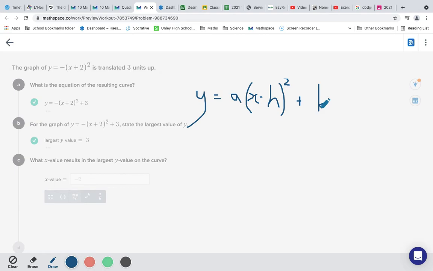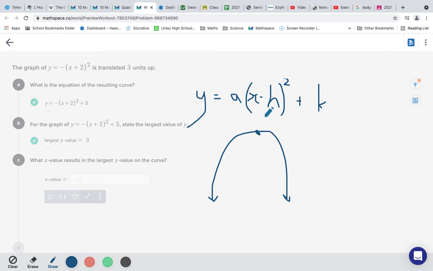This equation I'm dealing with here, if I graphed it, would result in a downwards parabola, concave down. They keep asking what's the largest value of y, and what x value results in the largest value of y.